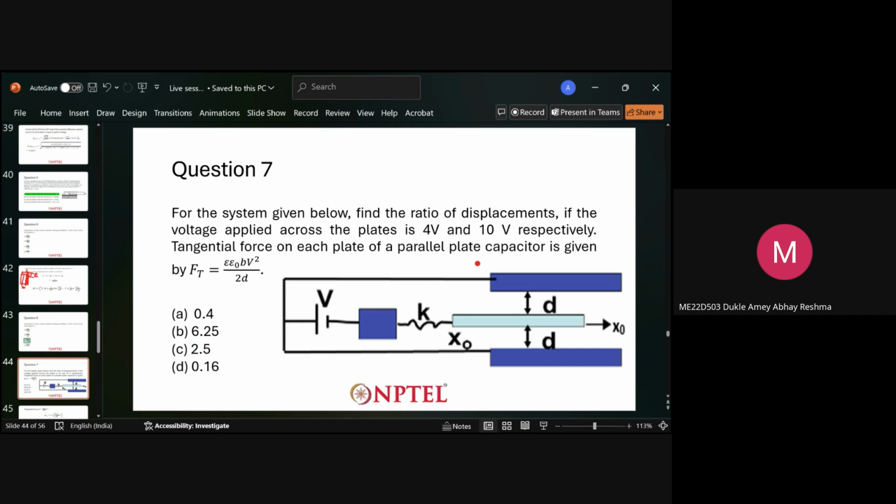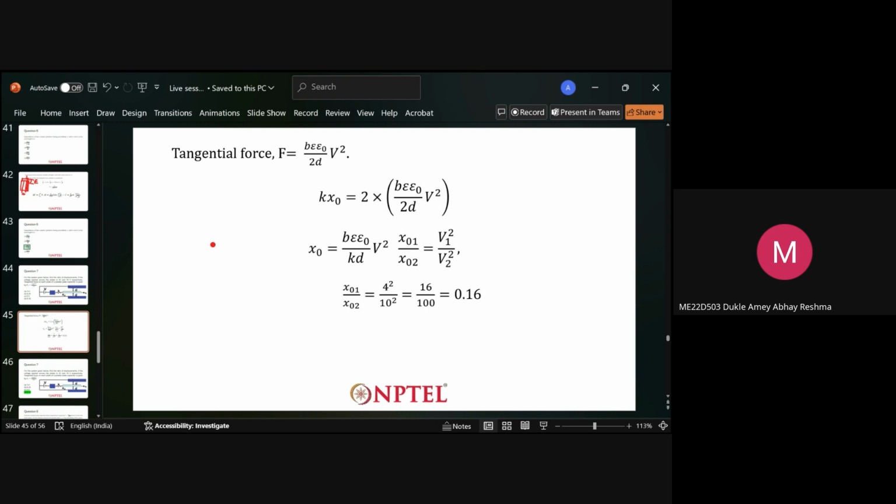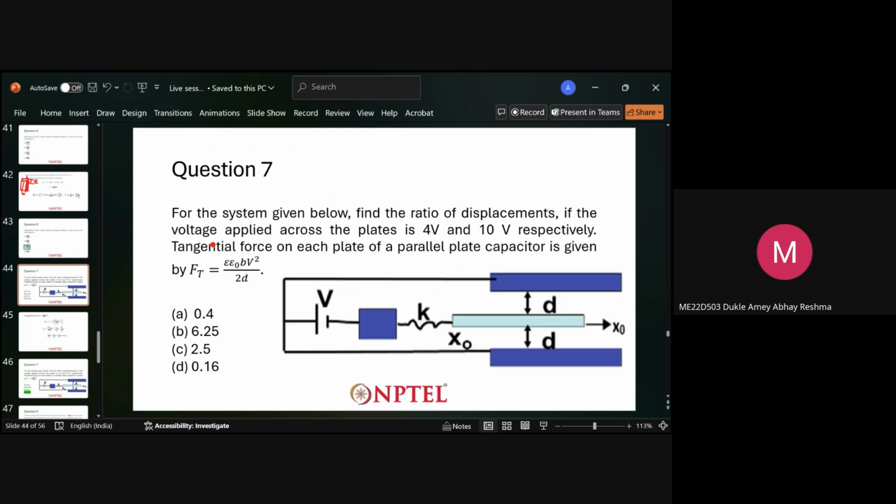The voltage is given and the formula is given, so we just have to substitute in the formula. The tangential force is equal to the spring force. Tangential force is the force acting in this direction, and we need to find the displacement of the spring.